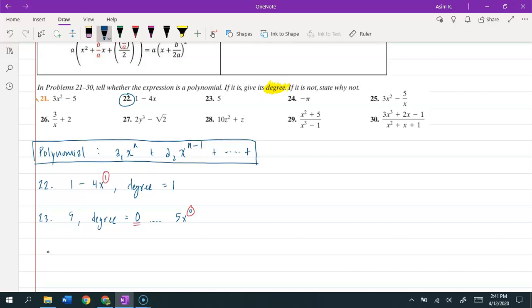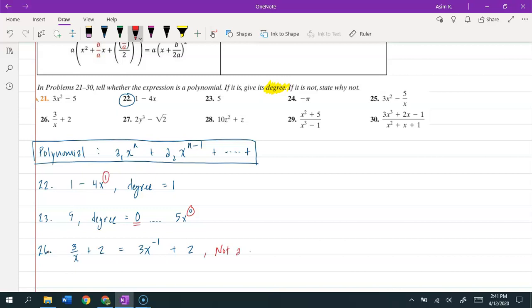All right, let's take a look at number 26. Number 26 says 3 over x plus 2. If you want, you can rewrite this as 3x to the power of -1 plus 2. And this one is not a polynomial.